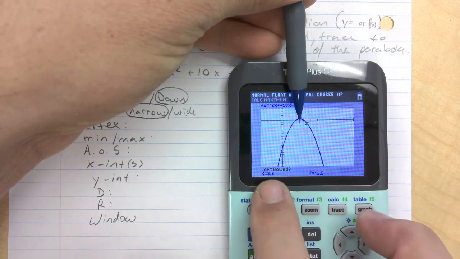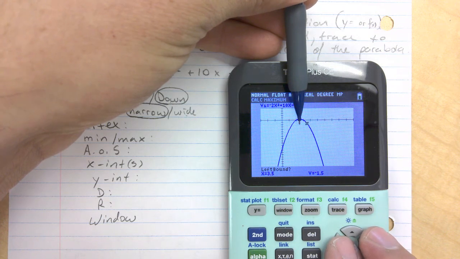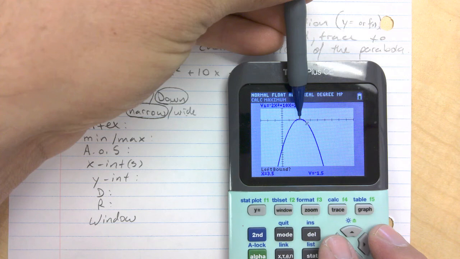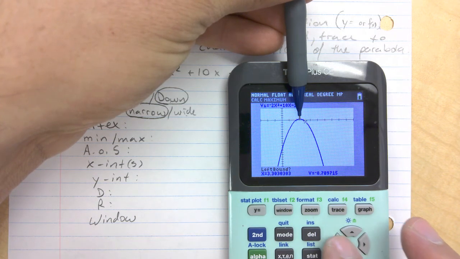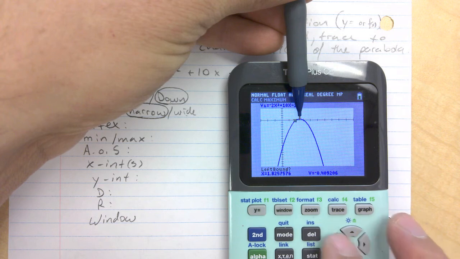What is it asking you for? First question. I don't know why they can't just write the whole thing in, but it's asking you for a left boundary. It's basically asking you, give me a point to the left of the vertex. So go left, keep going left with your arrow until you go past that vertex.